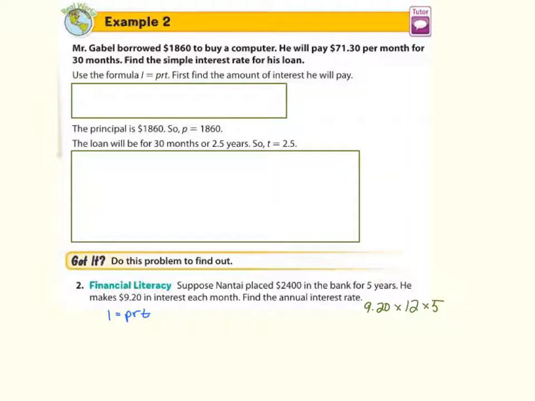So we're going to take 9.2 times 12 times 5. Well, 12 times 5 is 60. So in your calculator, all you have to do is 9.2 times 60, and you get 552. So this number right here is going to be our I.